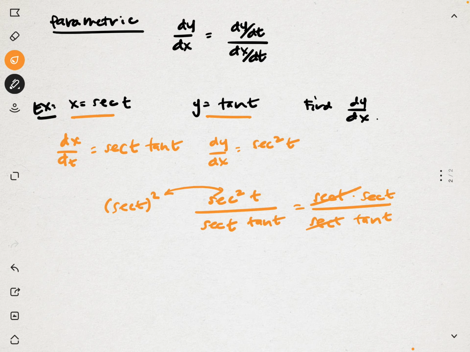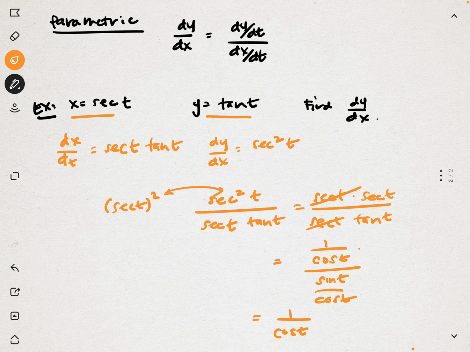So now let's rewrite this as sines and cosines. So that would be 1 over cosine t times, actually, let's just do tangent is sine t over cosine t. Now we have a complex fraction, so what we're going to do is take our numerator, right?